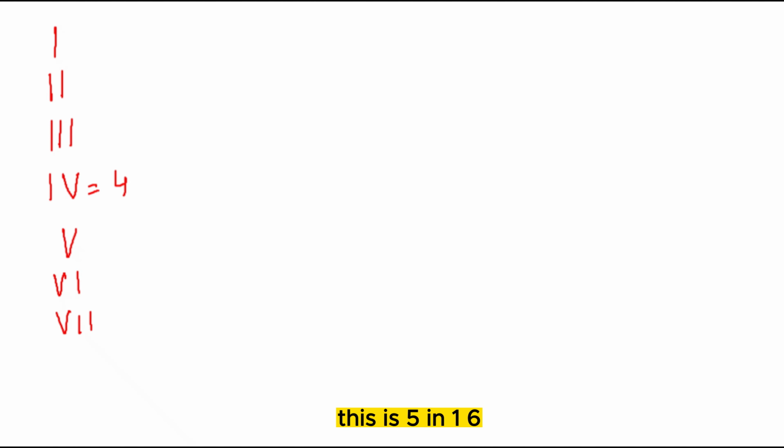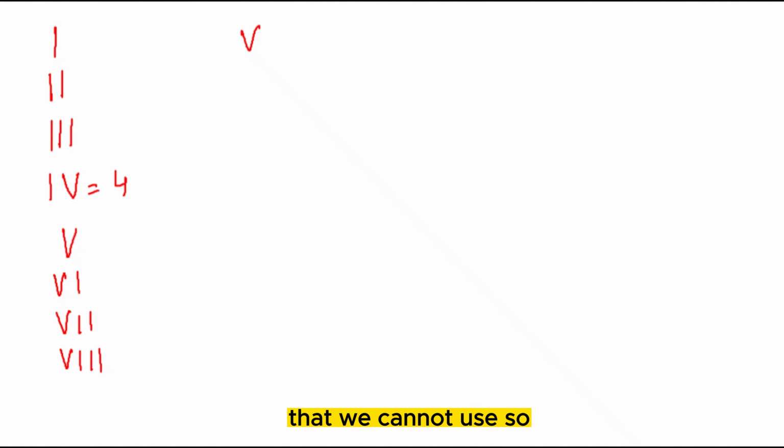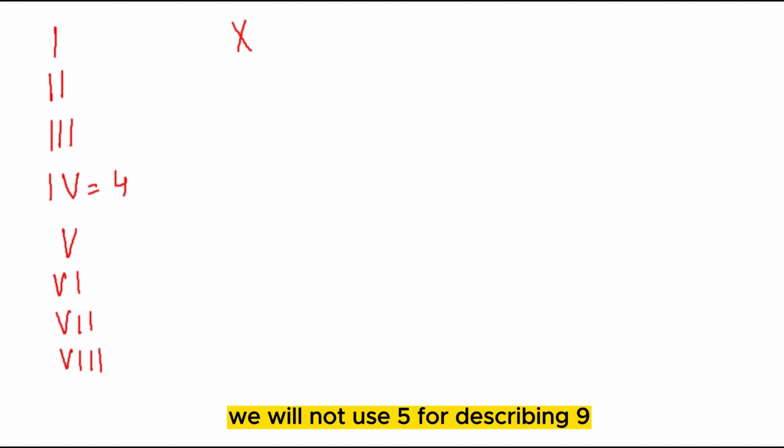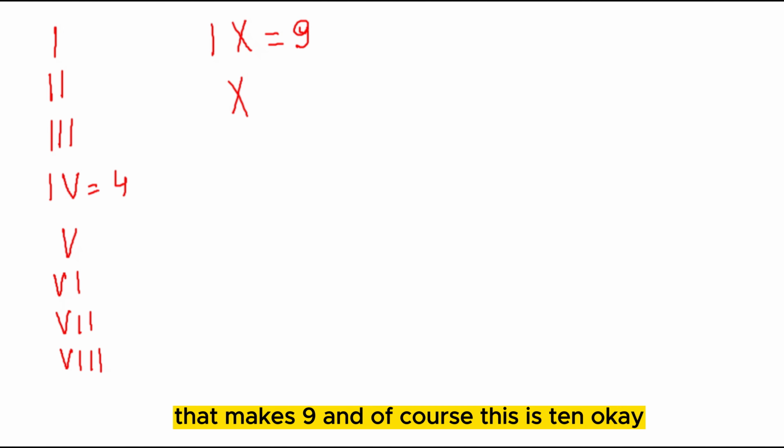This is 5 and 1, 6. 5 and 2, 7. 5 and 3, 8. And as you understand, we cannot use 5 and 4 I's, because 4 same letters continuously we cannot use. So we will not use 5 for describing 9. We will use 10 and 1 before 10. That makes 9. And of course, this is 10.